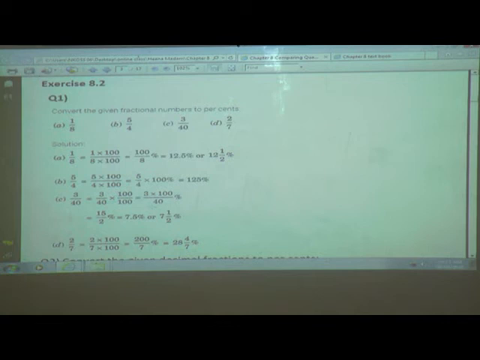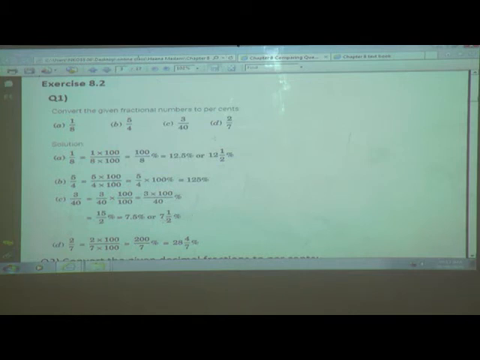Now you can reduce by 2: 2 twos are 2, 5 twos... 2 fives are 5, 3 fives are 15. So it is 15 upon 2%. You know the half of 15 is 7.5%, or we can write it as 7 whole 1 upon 2, or we can say it is 7.5%.